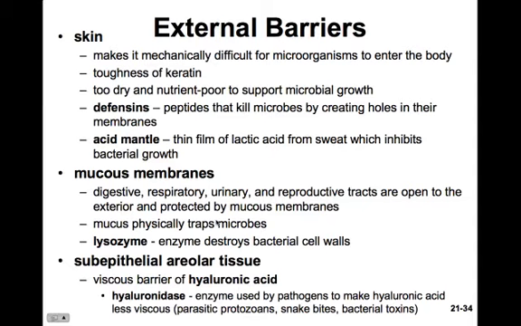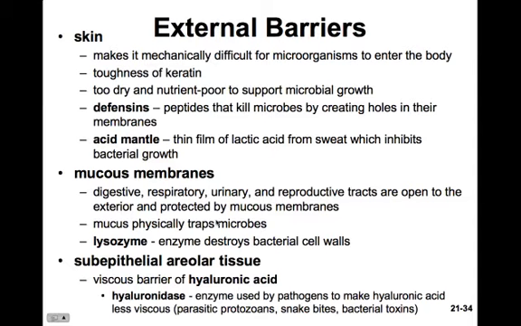We'll also see that beneath the epithelia is areolar tissue. And the areolar tissue has a ground substance in it. And this ground substance contains a really large glycosaminoglycan that's called hyaluronic acid. Hyaluronic acid gives the areolar tissue a very viscous consistency, and that makes it difficult for any pathogens to pass through.